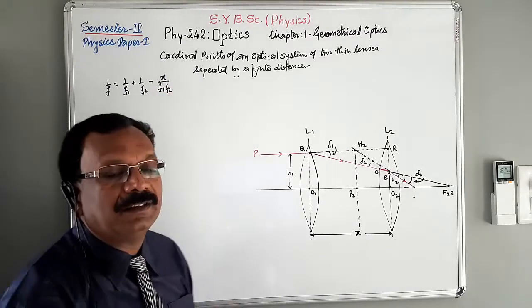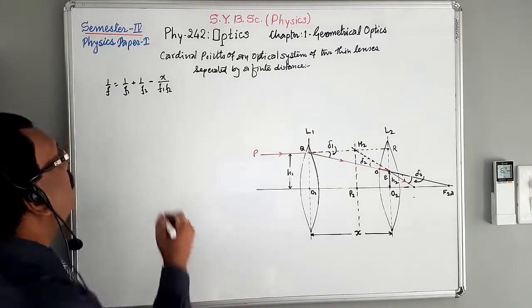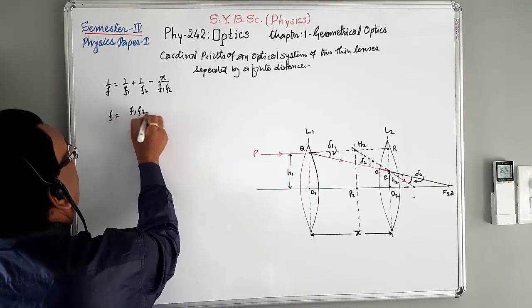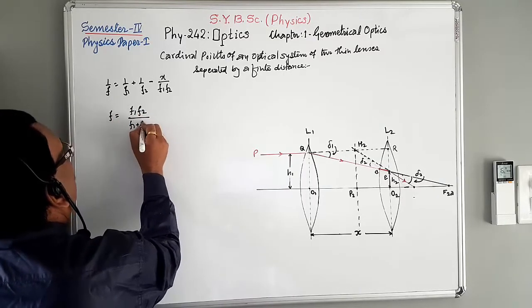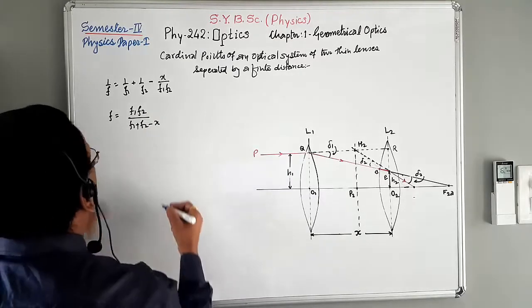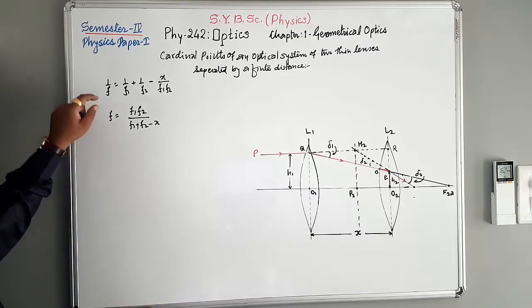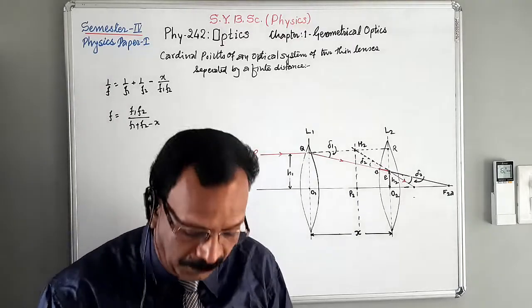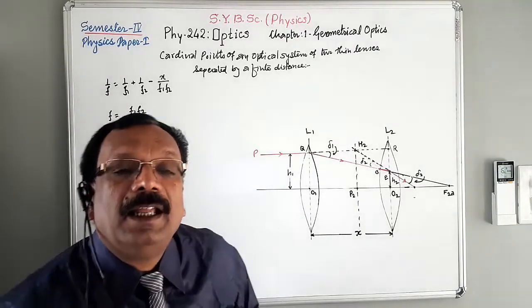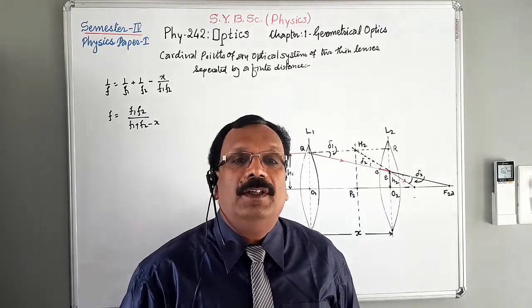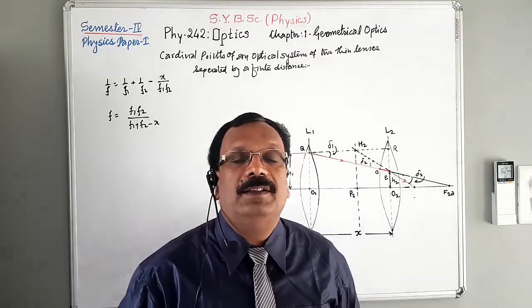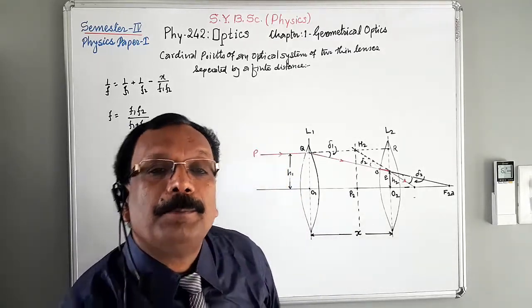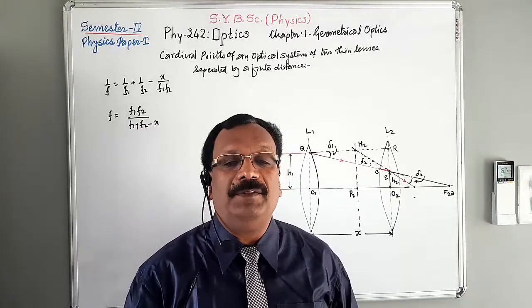We already derived this expression, or F is equal to F1 F2 upon F1 plus F2 minus x. When we simplify this, we can also write the equation in this form. Both the equations represent an expression for the equivalent focal length of 2 convex lenses placed coaxially and separated by a finite distance.